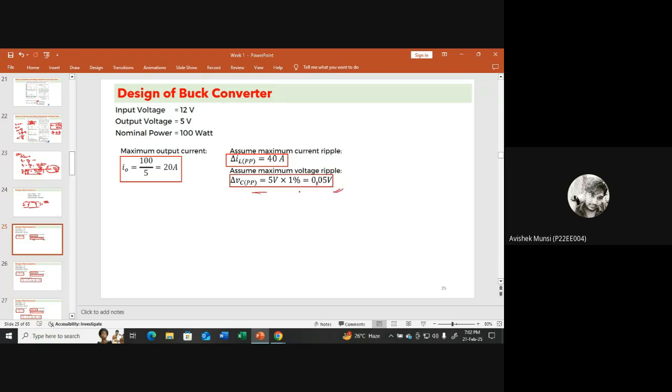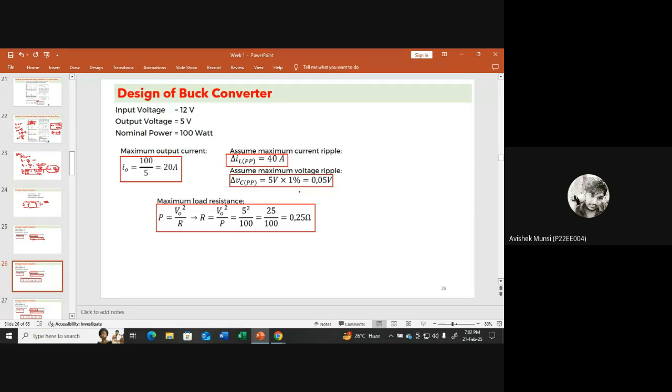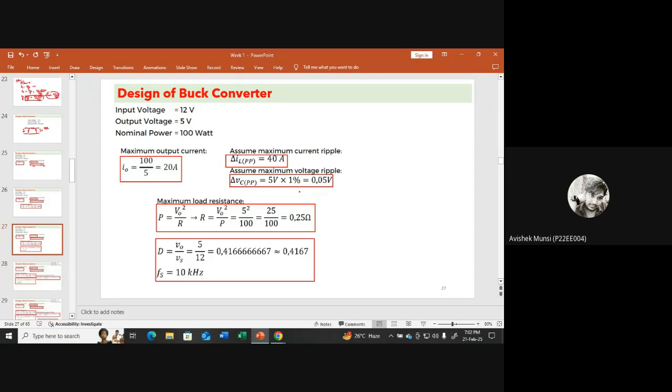Based on which, if we calculate, the maximum load resistance will be V square by P, it is 0.25. And the duty will be 5 by 12, that is 0.41. We consider the switching frequency as 10 kilohertz. So this is how we have to design a converter.